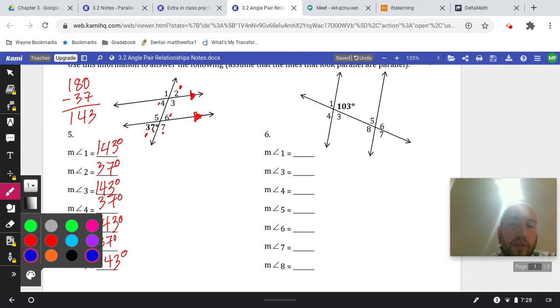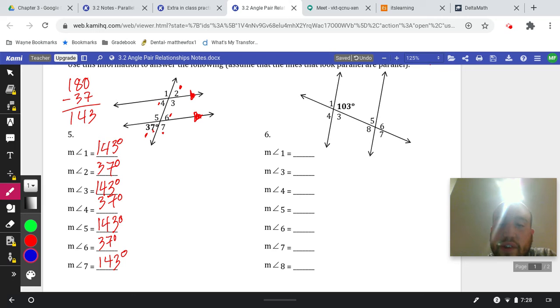So our next one, if you want, go ahead and pause it and see if you can figure it out. Once again, this is parallel. I'm just going to add those marks. Now we know angle 4, 8, and 6 will also be 103.